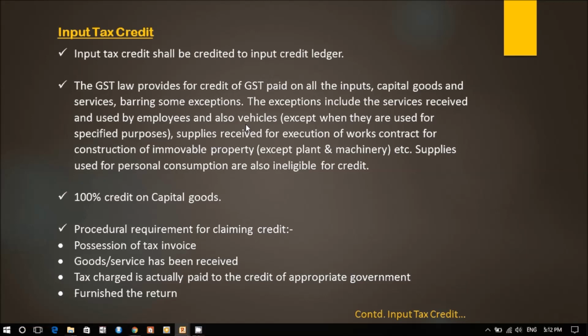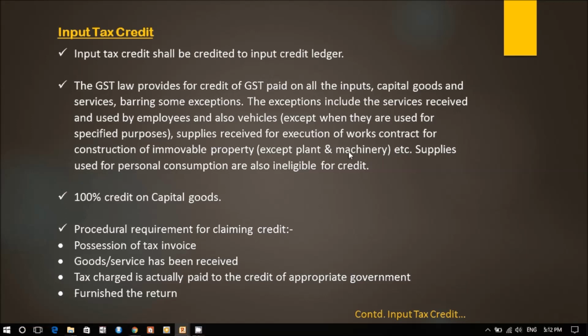Supplies received for execution of the works contract for construction of immovable property except plant and machinery. If we are receiving inputs, capital goods, input service for execution of the works contract, and that works contract is regarding construction of the immovable property, then we would not be able to get input tax credit on the supplies we have received.